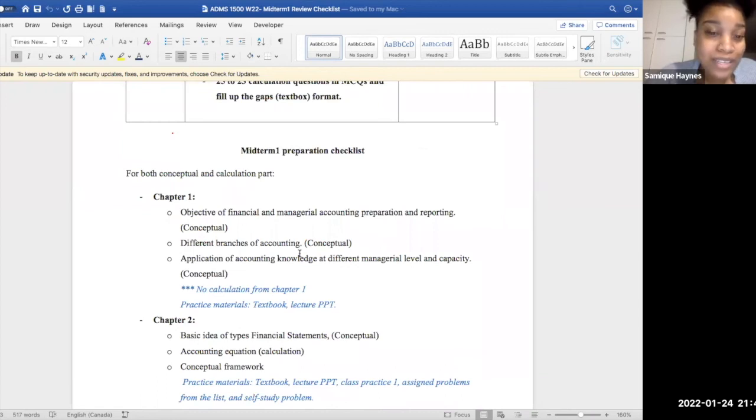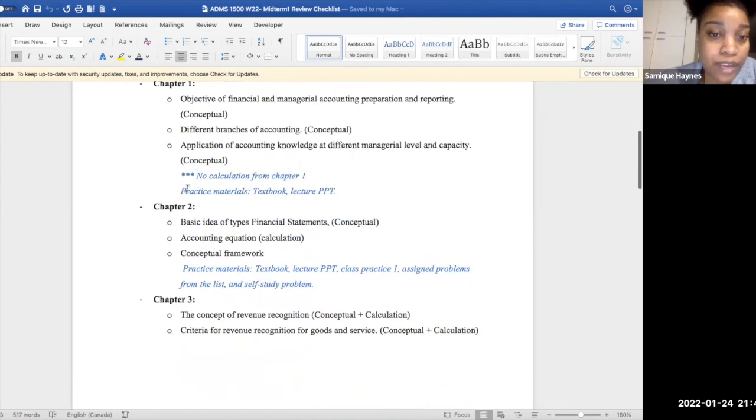So chapter 1, as I said in the beginning, is not heavily tested at all in your midterms. There are just a couple of conceptual questions that you'll have to prepare for. I would say read over your slides, maybe take a quick breeze through your chapter 1 textbook, just for a couple of questions that are going to come up in chapter 1.